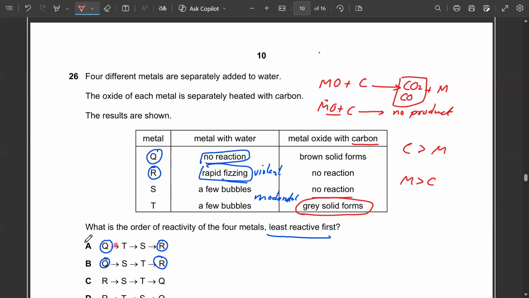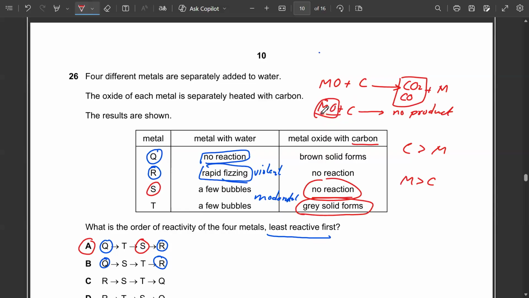So according to this, A is the correct option, in which S is more reactive. Why is S more reactive? Because we can see S is giving no reaction, which means the metal is not letting the oxygen out from the compound of the metal oxide.